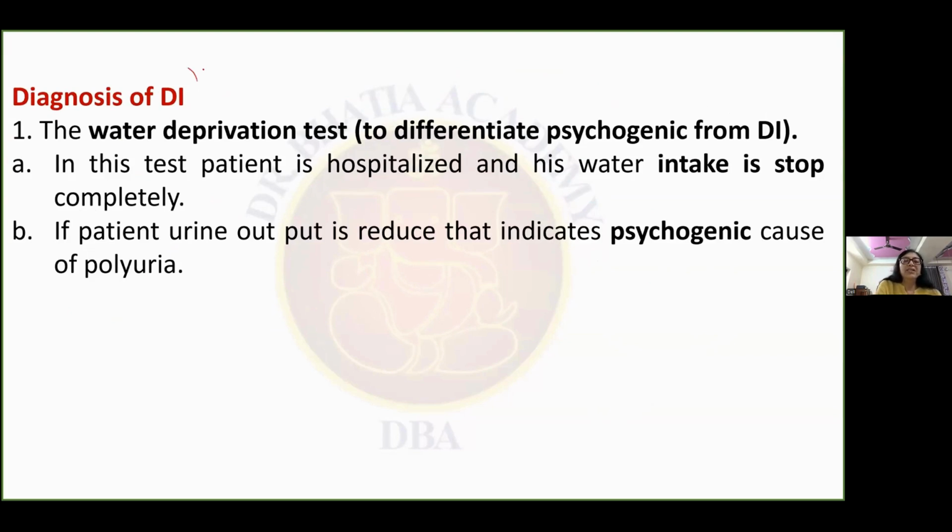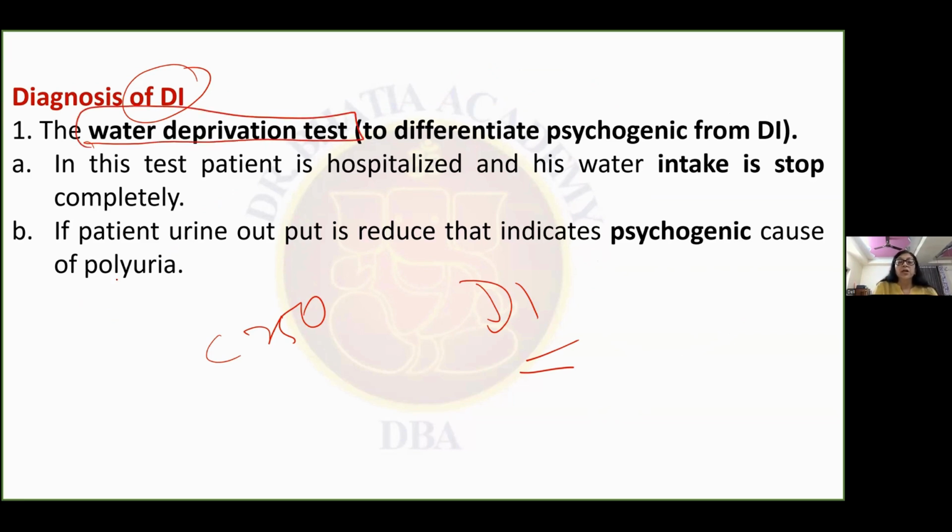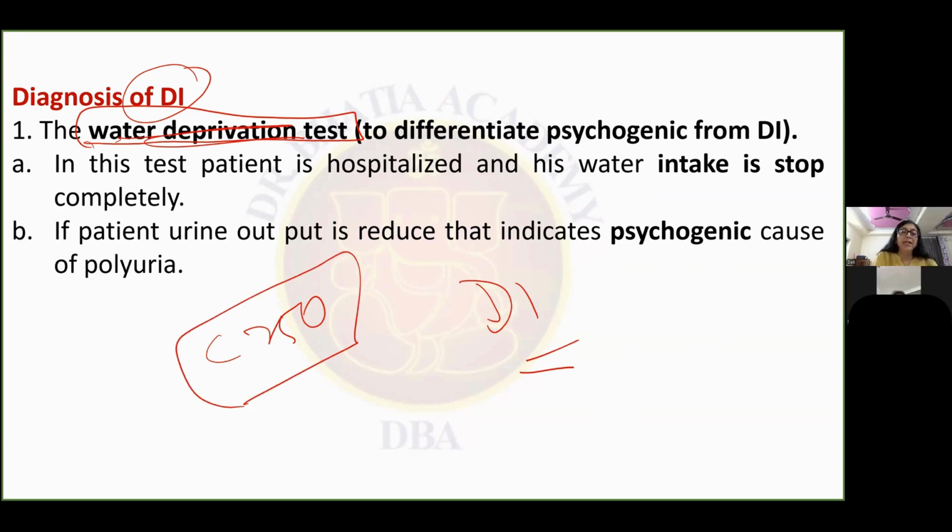Now, if you have a urine osmolality of less than 250 and you suspect DI, the first thing is to go for the water deprivation test. Stop the water intake of the patient. The moment you stop the water intake, if it is DI, the urine osmolality will not change, but the plasma osmolality will rise.